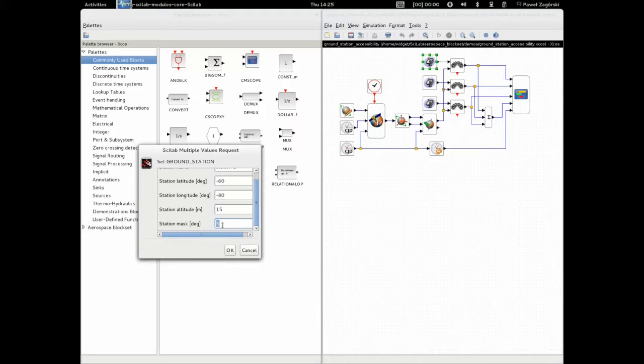What mask means is that if the satellite is 5 degrees above the horizon or higher, it will be considered as visible by this ground station. So there are no obstacles on the horizon higher than 5 degrees.